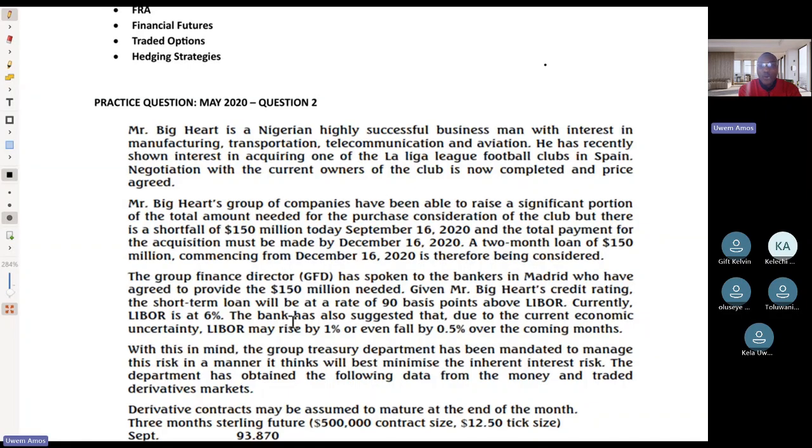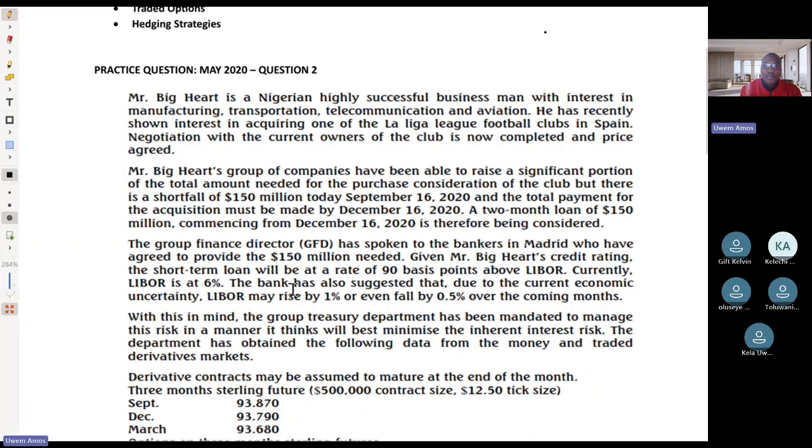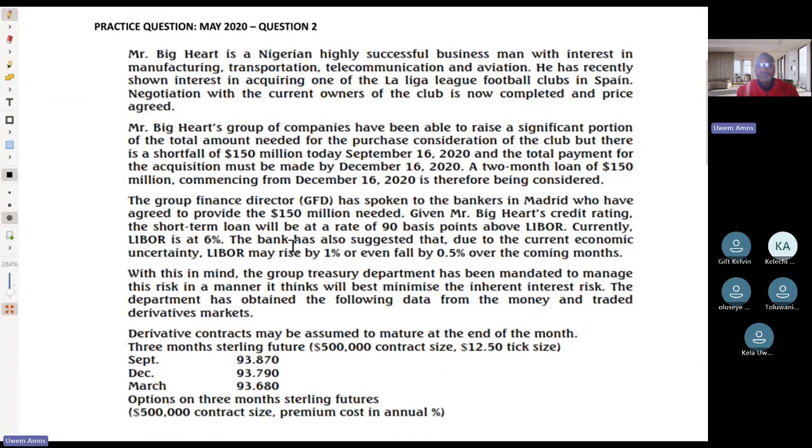The group finance director has spoken to the bankers in Madrid who have agreed to provide the $150 million needed. Given Mr. Big Heart's credit rating, the short-term loan will be at a rate of 90 basis points above LIBOR. So Mr. Big Heart is able to borrow at 90 basis points above LIBOR.